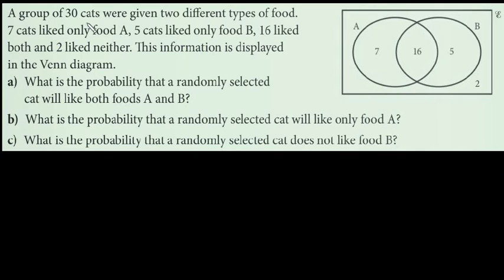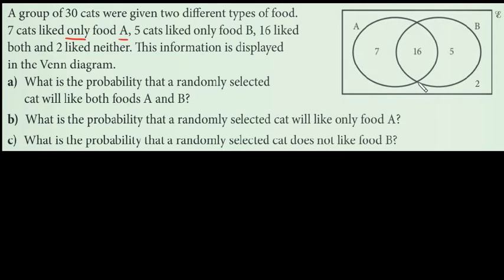A group of 30 cats were given 2 different types of food. 7 cats liked only food A. So let's look at the Venn diagram here. Which part represents only A?